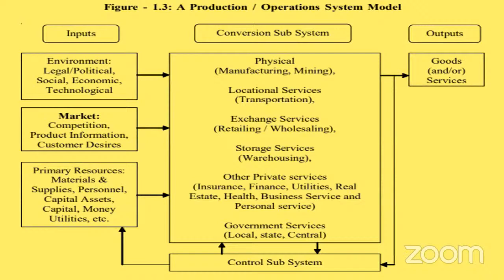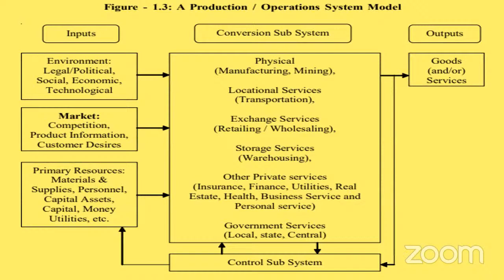These are the conversion subsystems. And you would have seen on the left side, these are all the inputs, and we have outputs, that is goods or services. And the control subsystem will be there in order to control all these subsystems, controlling the inputs, controlling the outputs, controlling these conversion subsystems. So this is a typical system model of production and operations.